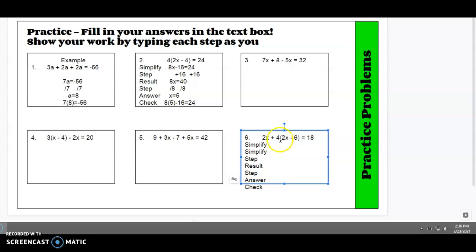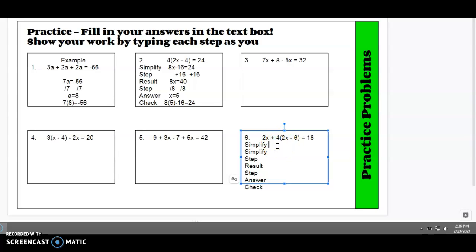When we first do it, we always distribute first. We distribute and then we combine like terms. So this is a positive 4. That positive 4 is multiplying the parentheses by a positive 4. So we have 4 times 2x.